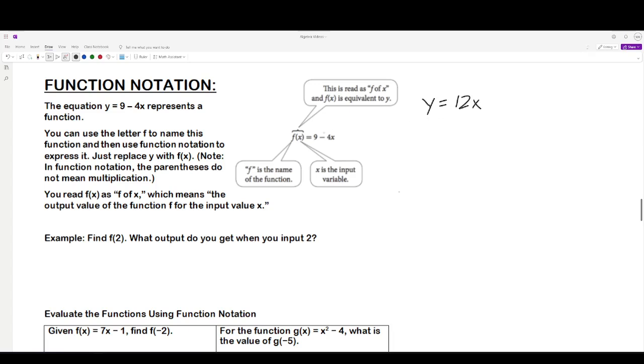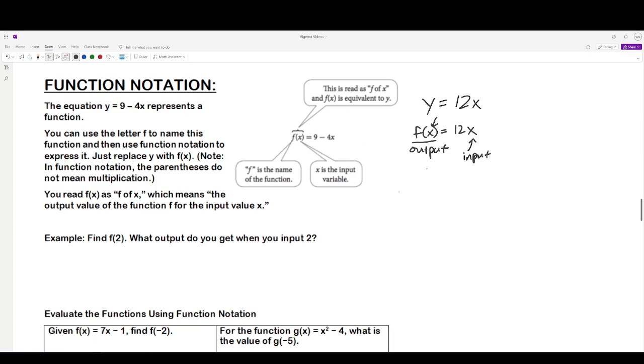So we just have a different way of writing functions in what we call function notation, where we put f of x equals 12x. So this f of x has the same meaning as y. It's still our output, but what this name does is it tells us that it's an output where x is the input. So we know that x is the input and f of x is the output.